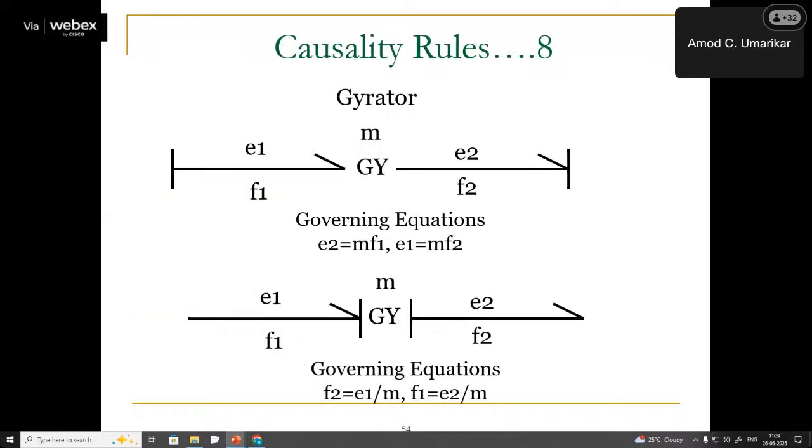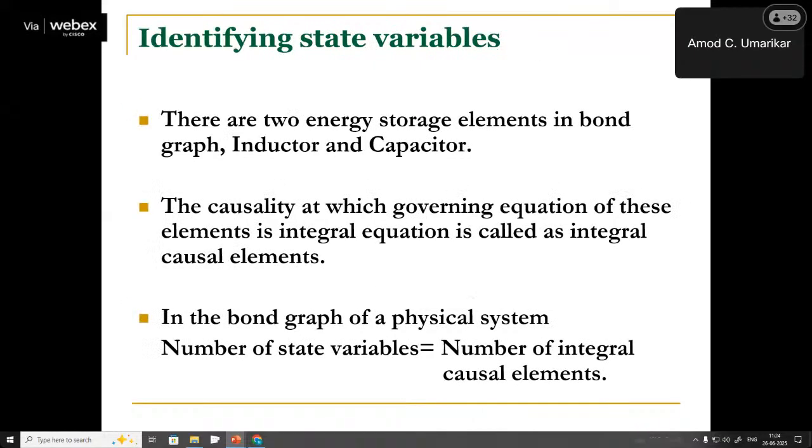Now the most important advantage of bond graph is, once you form a model, you can easily obtain the state equation. You must have done this exercise in control.